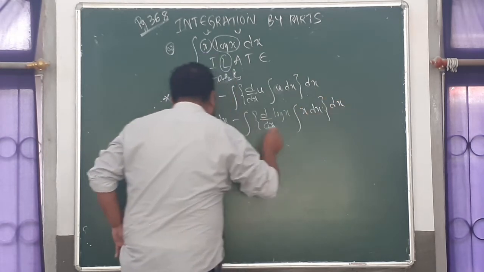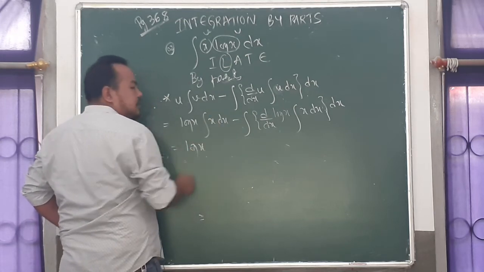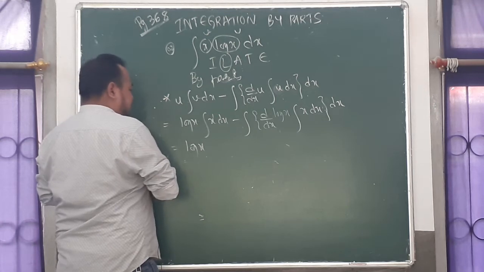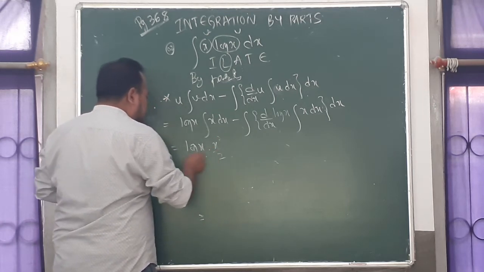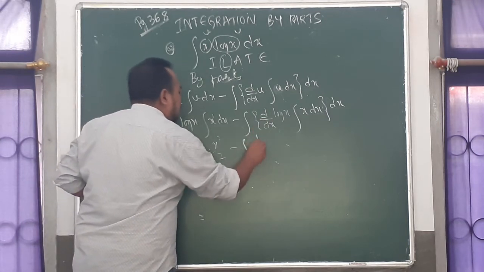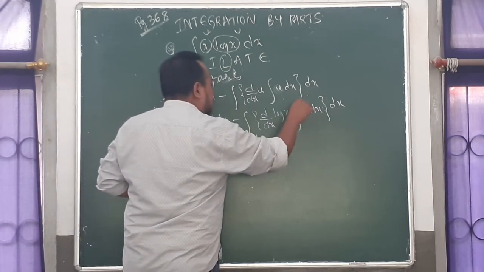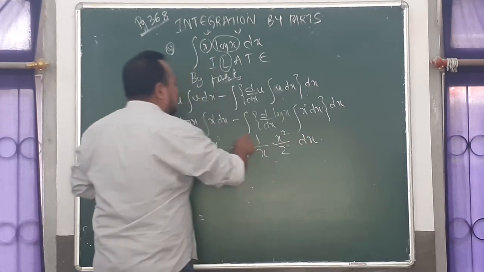Simplifying this is not a problem. So log x as it is, what is the integration of x? The power of x is 1. You know when you integrate the power increases, so this becomes x square by 2, minus integration, differentiation of log x is 1 by x into integration of x which is x square by 2. Remember what I told you?